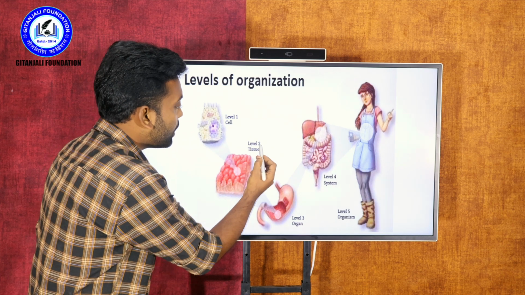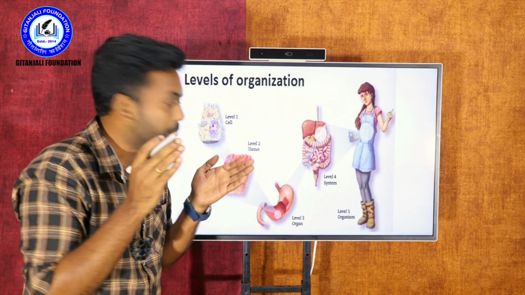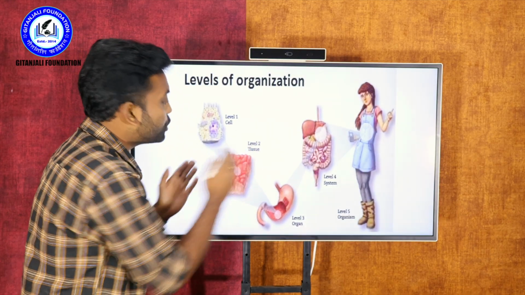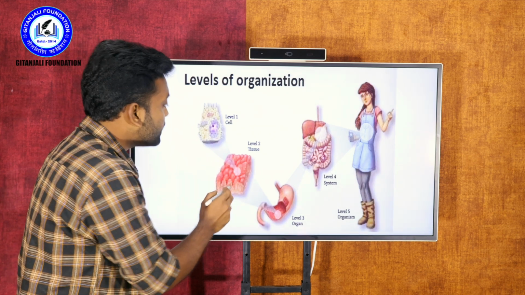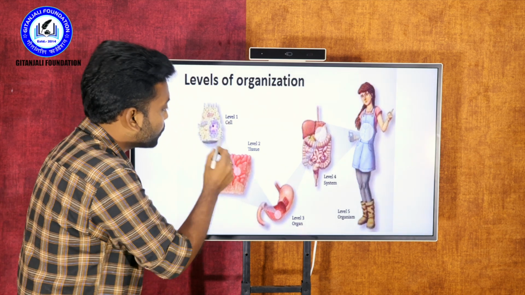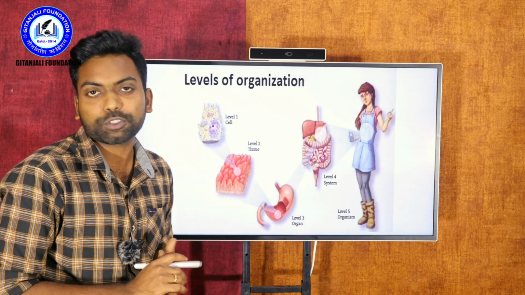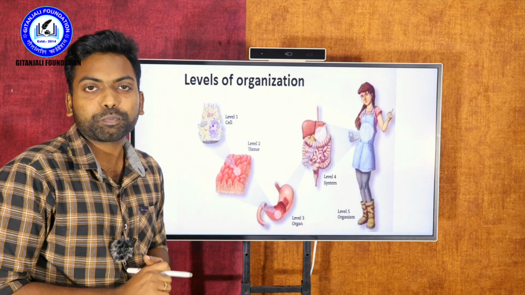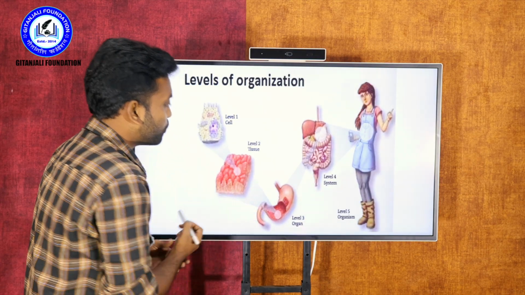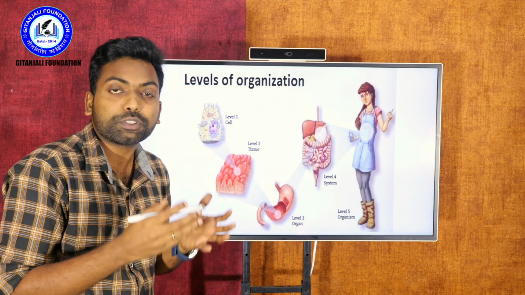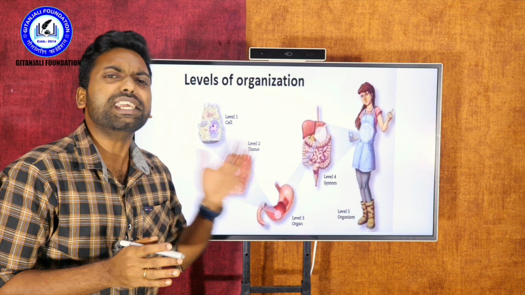Let us see level 2. When a group of cells comes together, a tissue is formed. So this is the unit of the organism. There are different kinds of tissues, like cardiac tissue and others. So this is level 2. When different kinds of tissues combine together, level 3 is the organ.